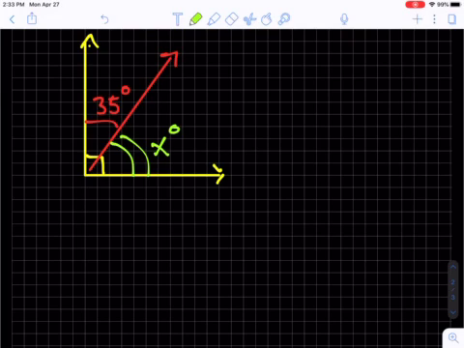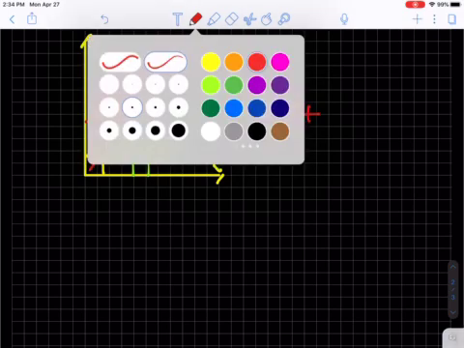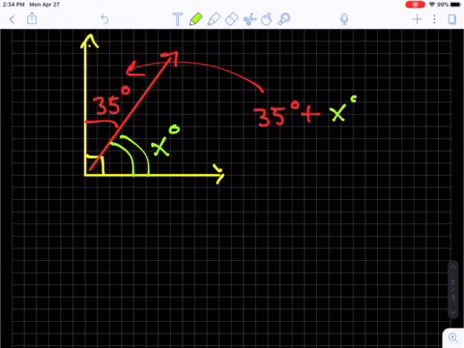Well, what you would do is say, I know that complementary angles add up to 90 degrees. So if I take my 35 degrees, which is this angle right here, and add it to x, whatever that may be, I know that is going to equal 90 degrees. At this point, it just becomes a one-step algebra equation. I want to get x by itself, so I'm going to subtract 35 from both sides.